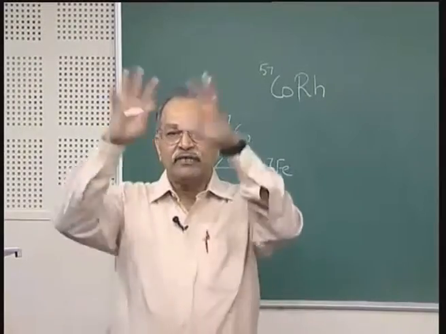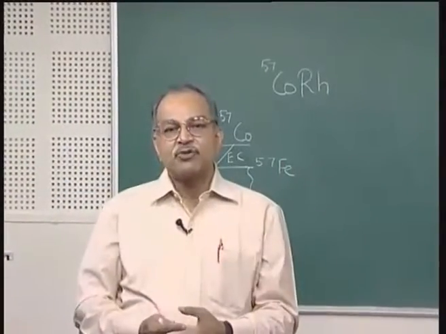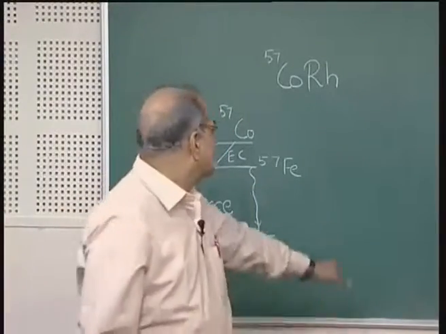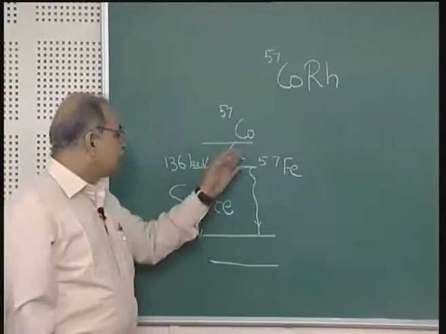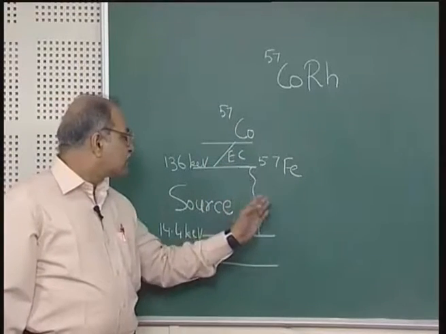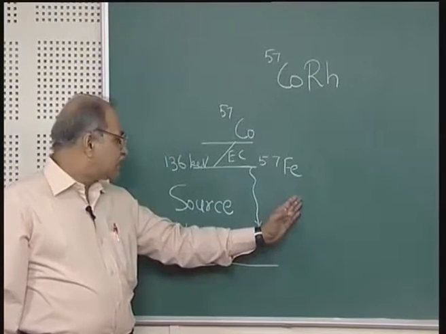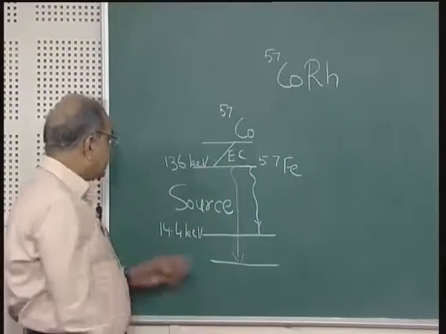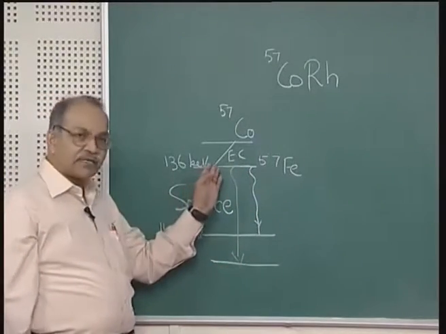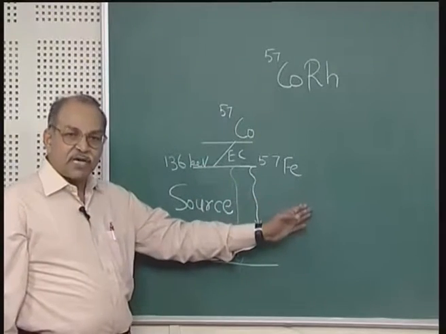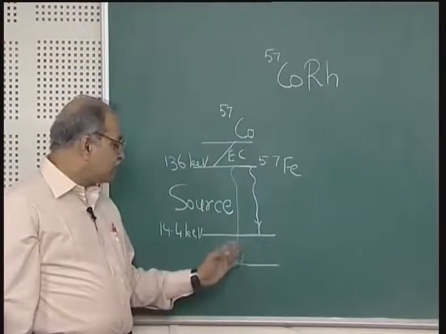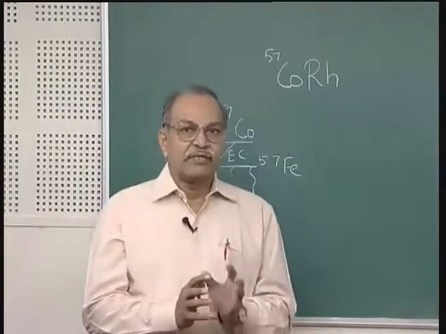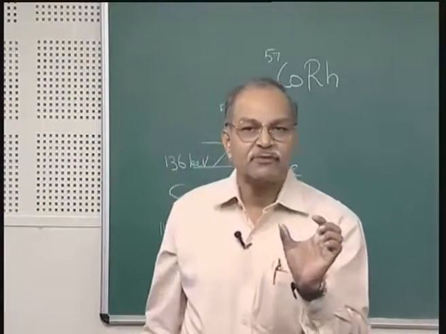So, this whole thing becomes a radioactive source which emits gamma rays. 136 keV gamma rays will come if it goes directly from here to here, and then minus 14, that is 122 keV, those gamma rays will come, and 14.4 keV gamma rays will come. Then our electronics will just pick up that 14.4 keV.